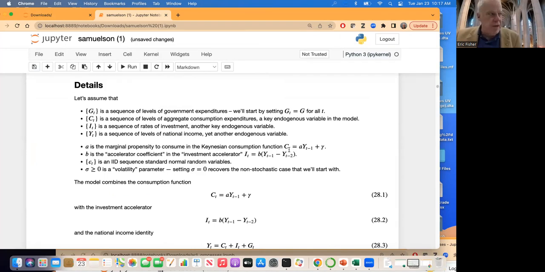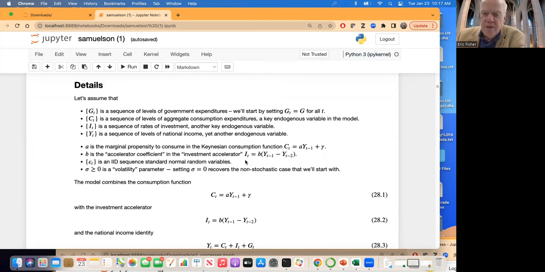Consumption at time T depends upon gamma, that's an intercept, and A times lagged GDP. So today's consumption depends on what was happening to the economy 1 quarter ago or 1 year ago.